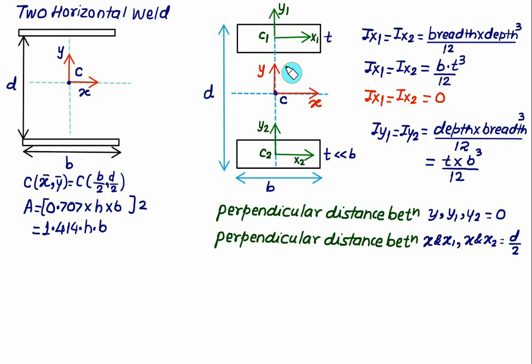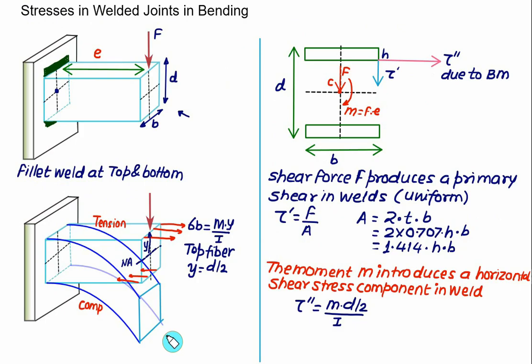This time we have area A1 equal to B multiplied by T. This area A2 is equal to B multiplied by T. Now as far as our coordinate system is considered, the centroid, this axis is the same as the x-axis and this axis is the y-axis.